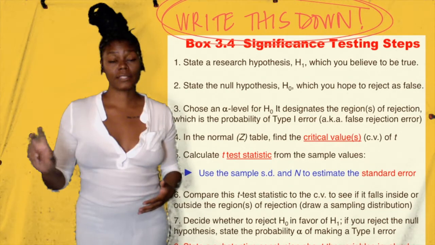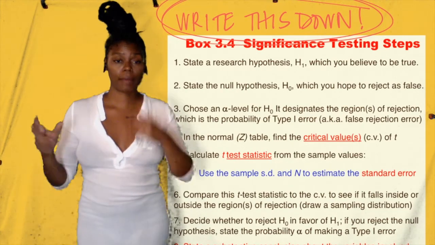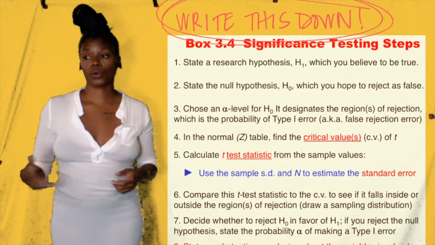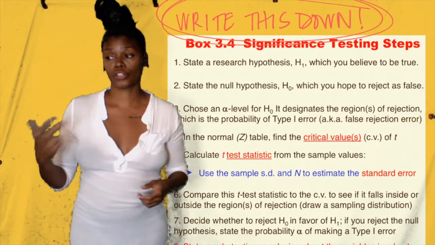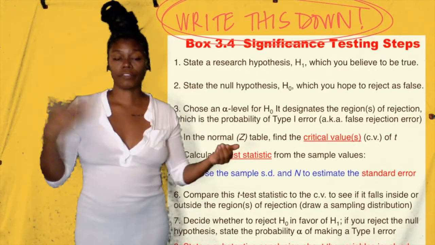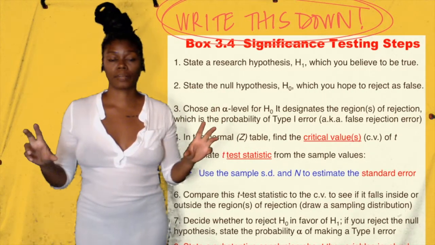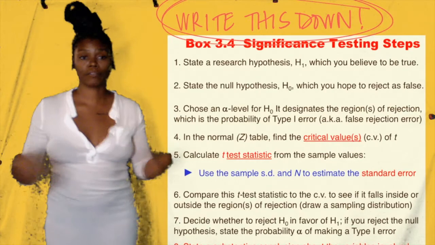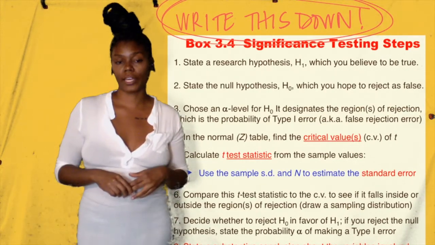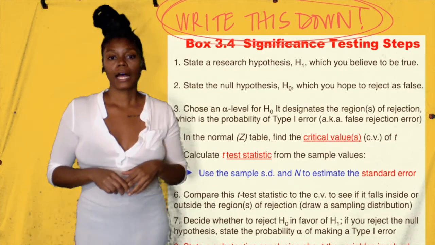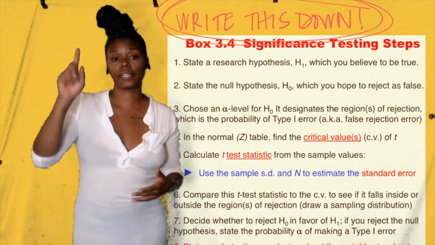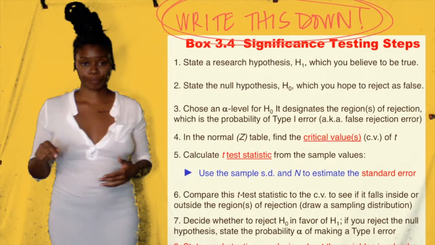Mu is the theoretical population parameter that you use as part of your hypotheses, your research and your null hypotheses. So you plug those numbers in there. Standard deviation and n are also sample statistics that you either will be given or be given the tools to calculate yourself. N is not something that you generally have to calculate. You use order of operations to come up with a t-score.